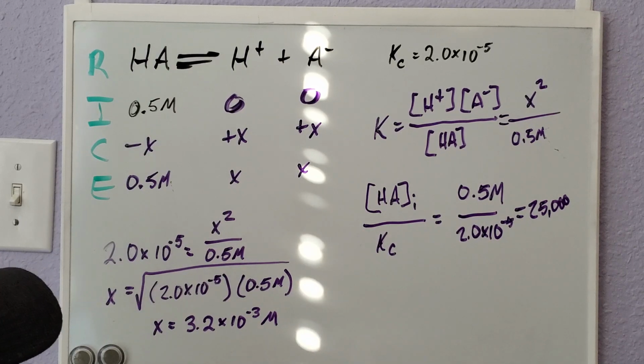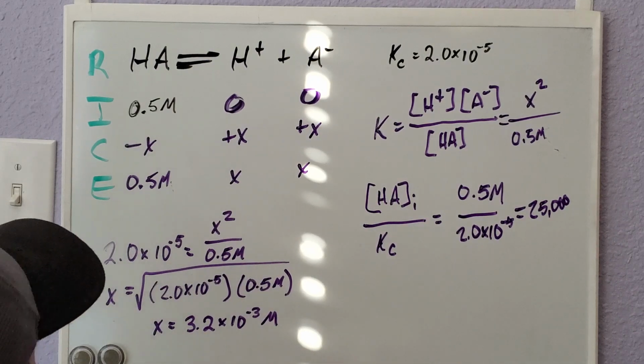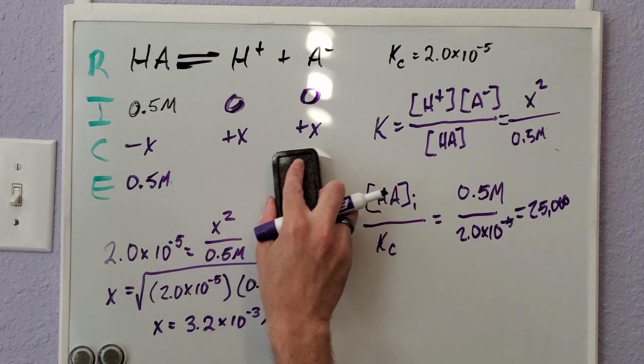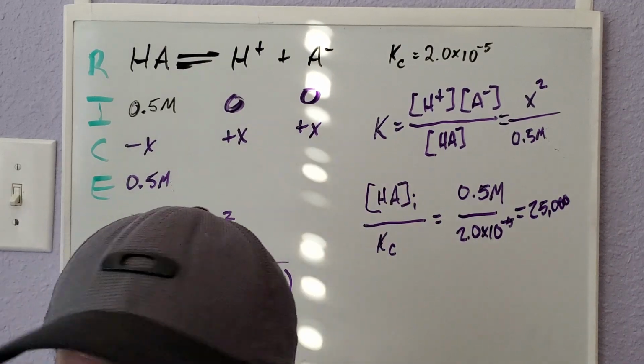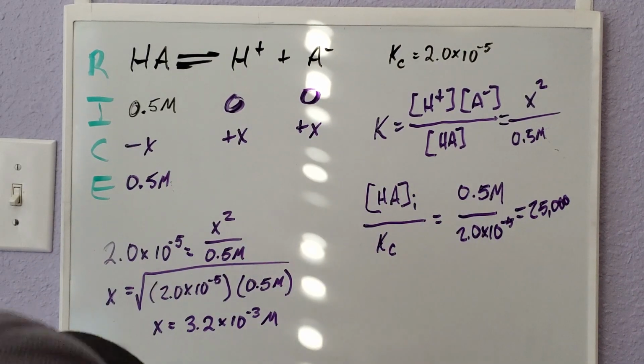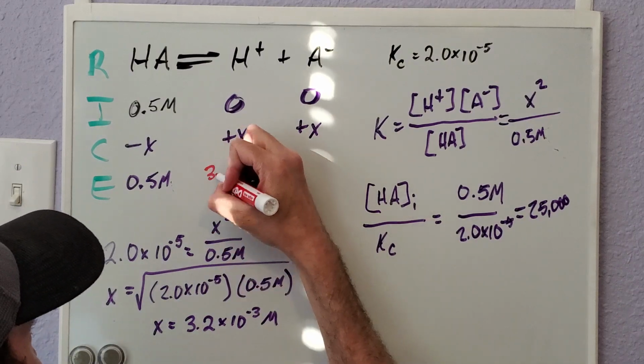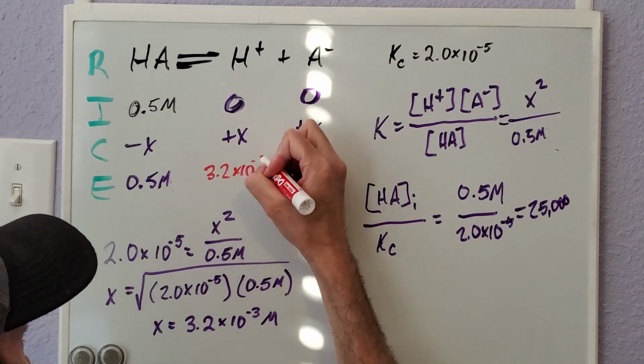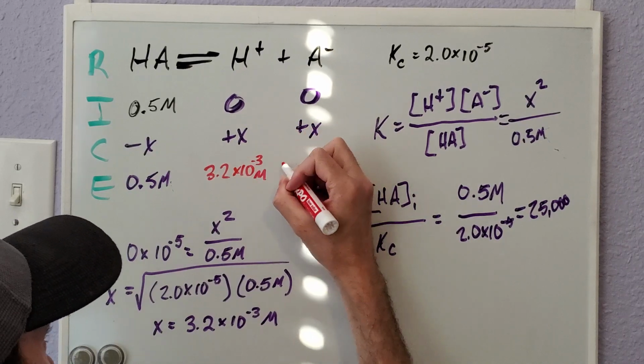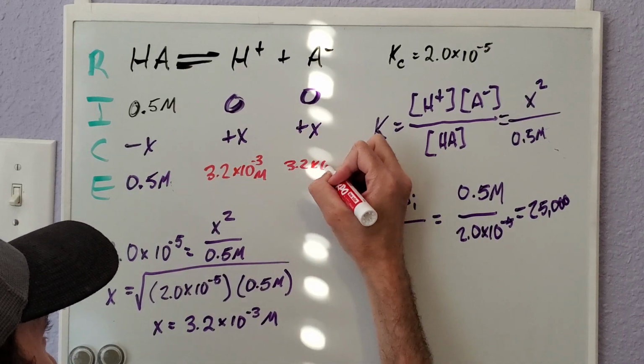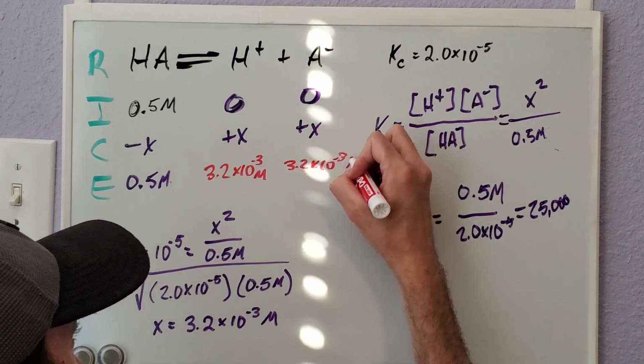And so we go through and look at this whole concept. Again, this 3.2 times 10 to the negative 3 is relatively tiny when it comes to this 0.5. In order to solve for the very last thing, what we're actually looking for is these equilibrium concentrations. We know that our equilibrium concentrations for our x and our x are each going to be 3.2 times 10 to the negative 3 molarity.